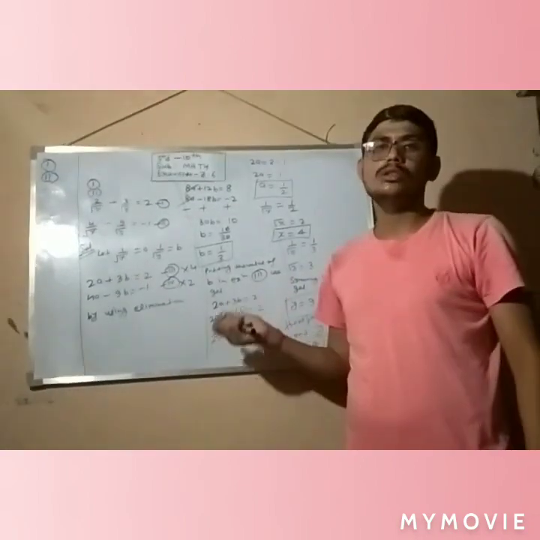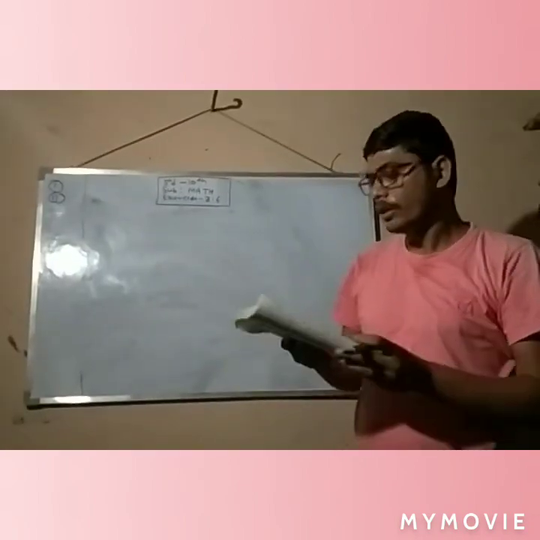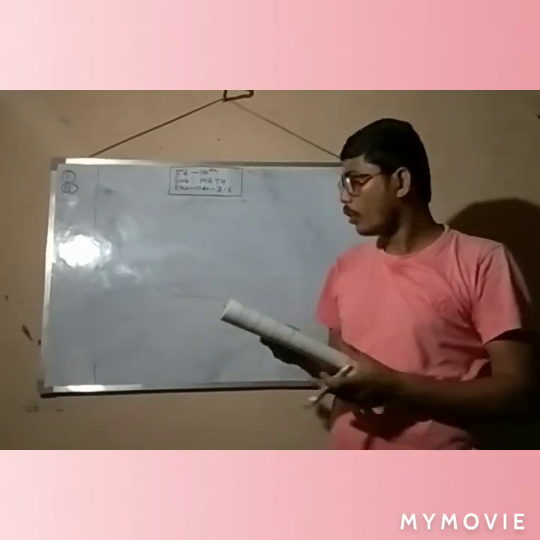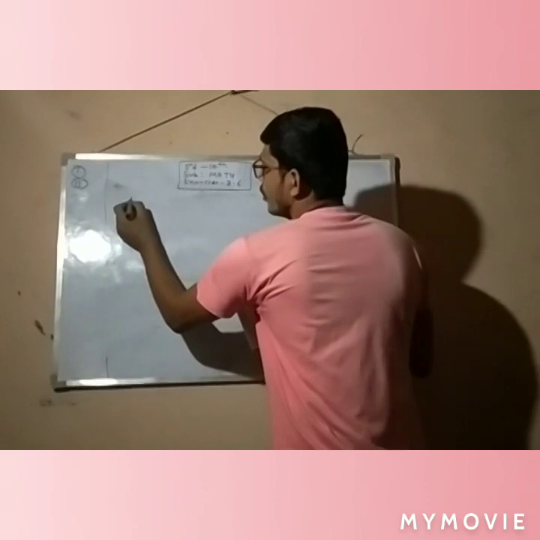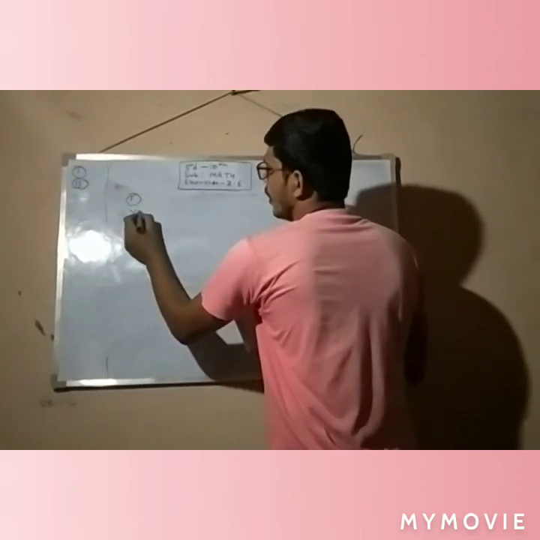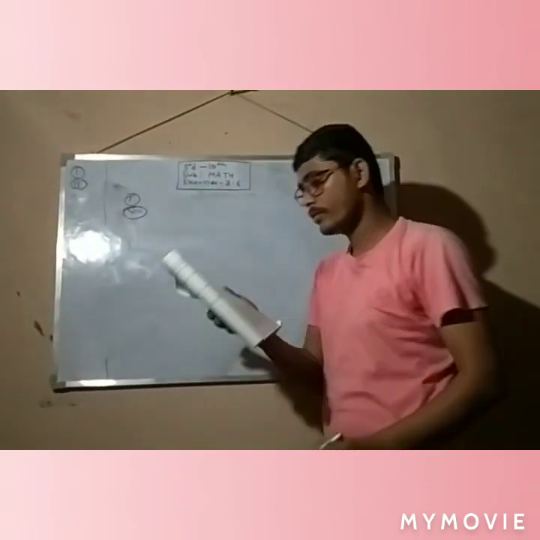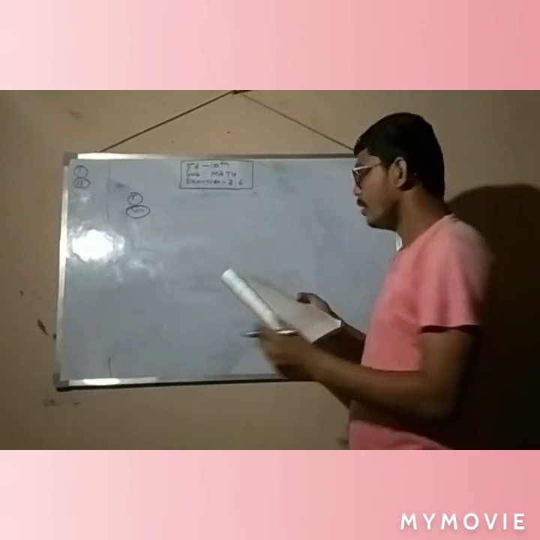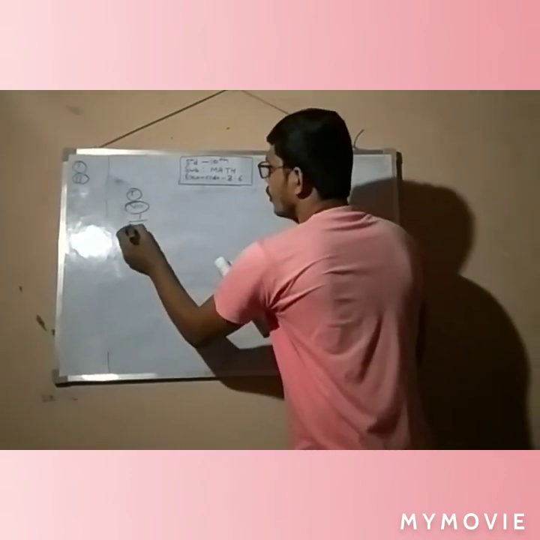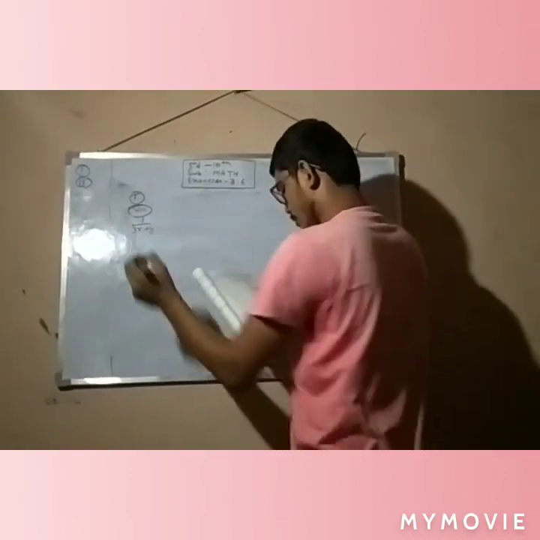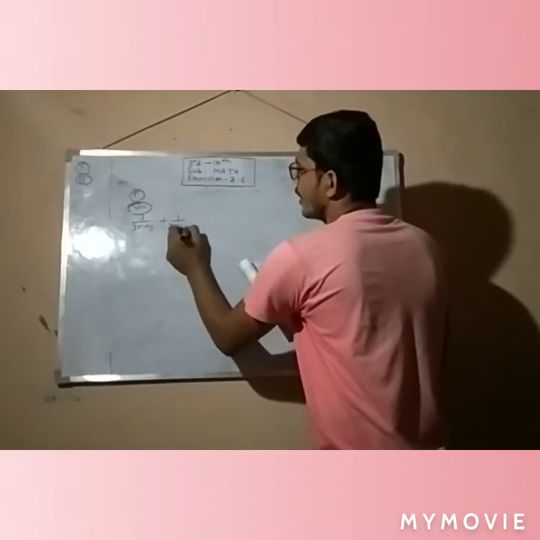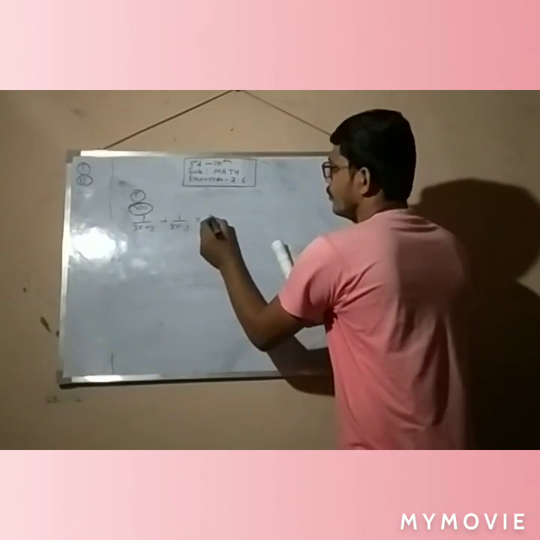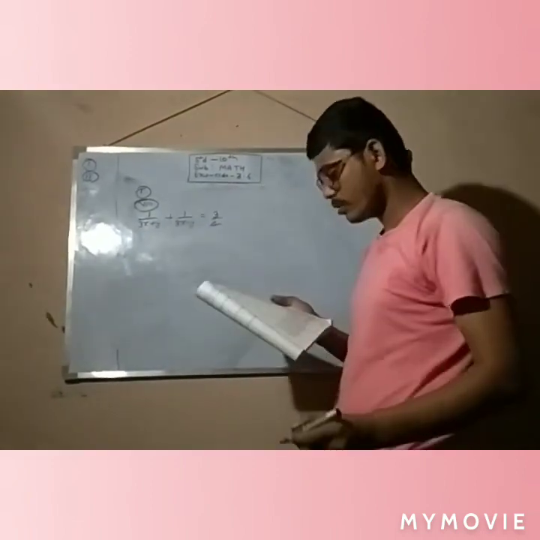Now we are going to solve the next question. Now student, we are going to solve exercise 3.6, question number 1, the last part 8. The questions are given here. 1 upon 3x + y plus 1 upon 3x - y is equal to 3 upon 4.